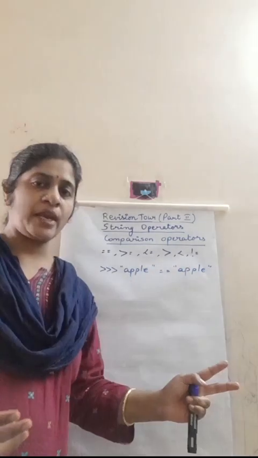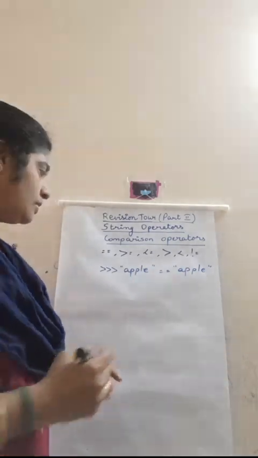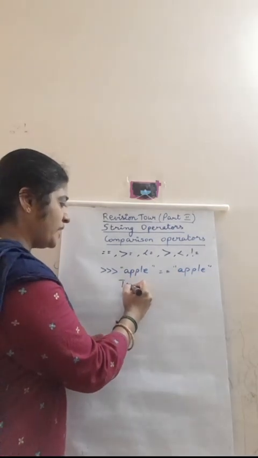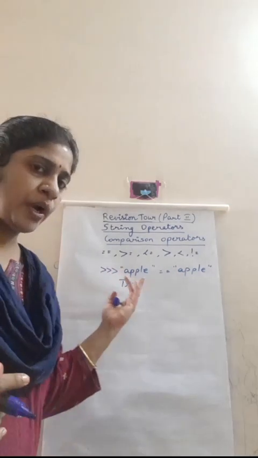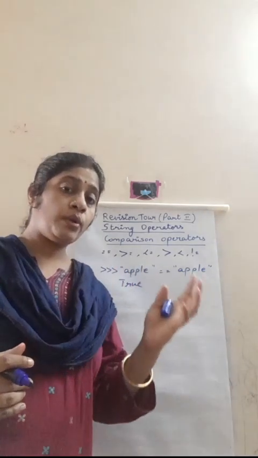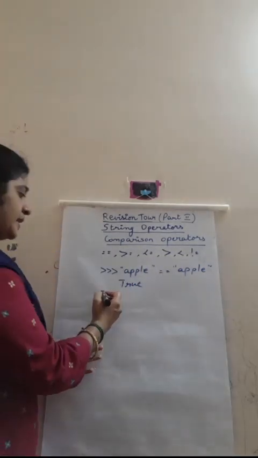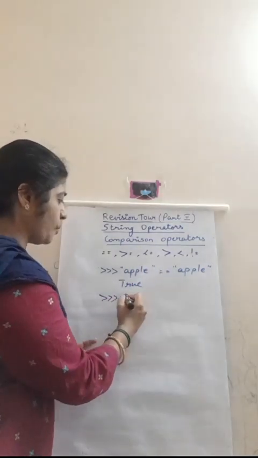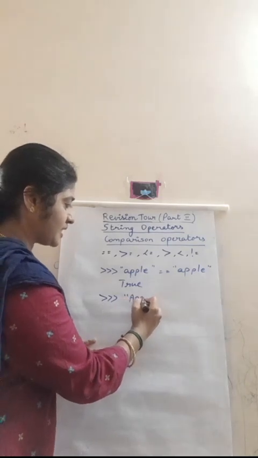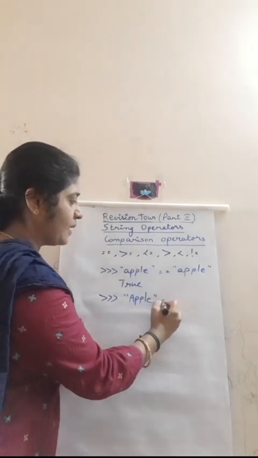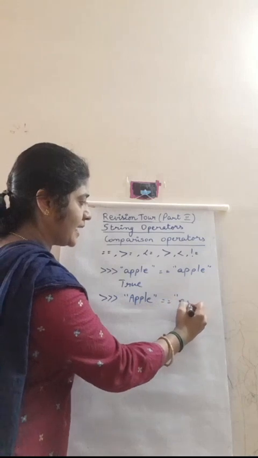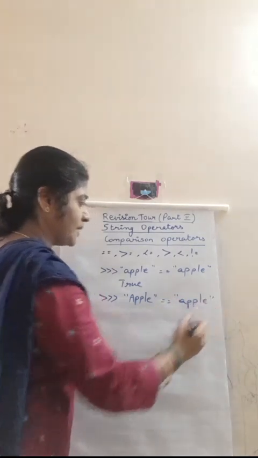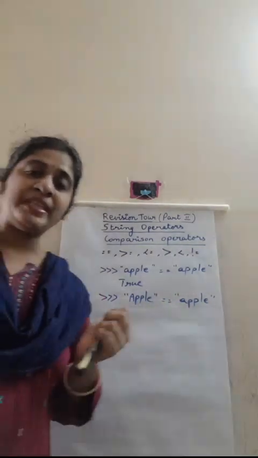Both the strings are equal, so it will give you true. We all are familiar with this. Now if I write in a different way, I just replace small a with capital A on one side, and here I have apple. Now what would be the answer here?